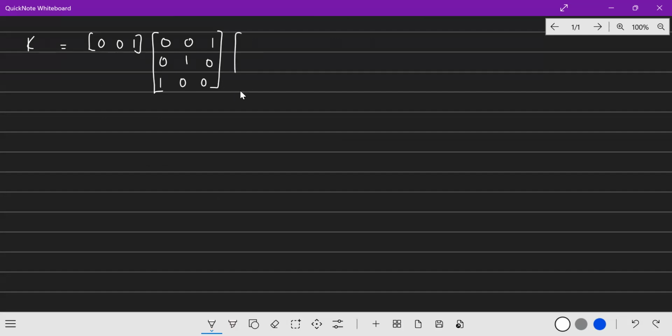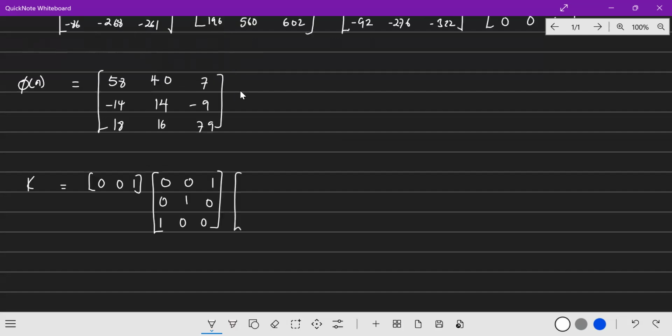And then multiplied by 58, 40, 7, negative 14, 14, negative 9, 18, 16, 79.